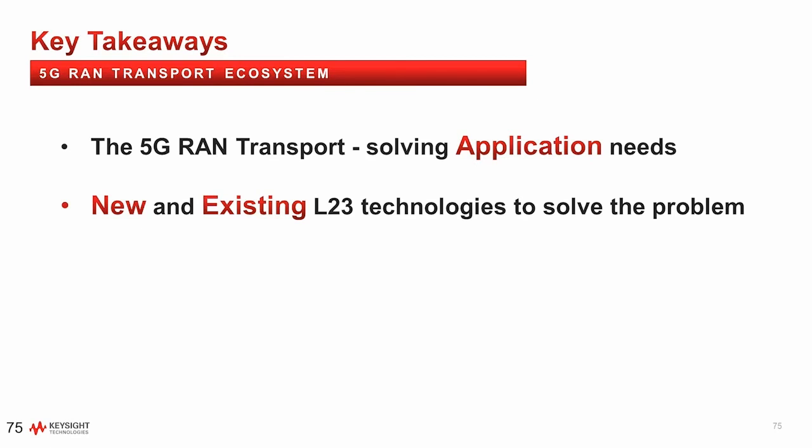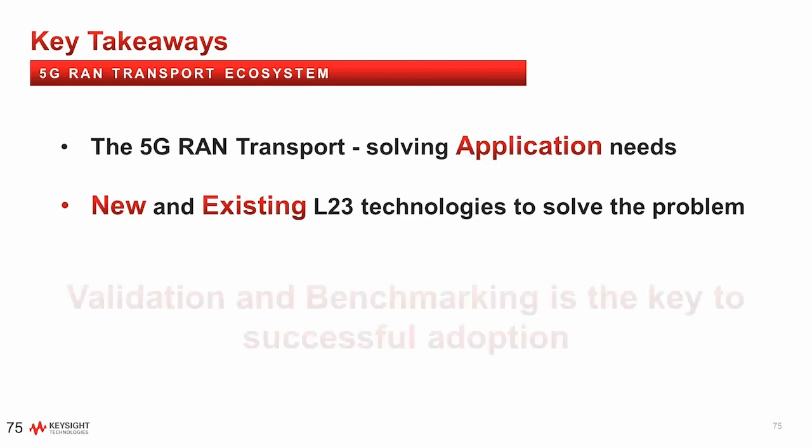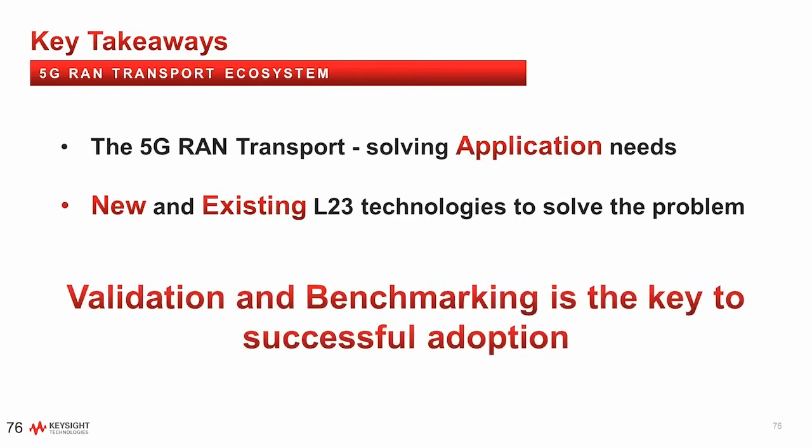There is a lot of debate around which technology is more efficient than others, and a lot of experimentation and discussion is going to continue. However, both for the vendors supplying the network equipment and for the operators deploying these networks, validation and benchmarking is the key to successful adoption.